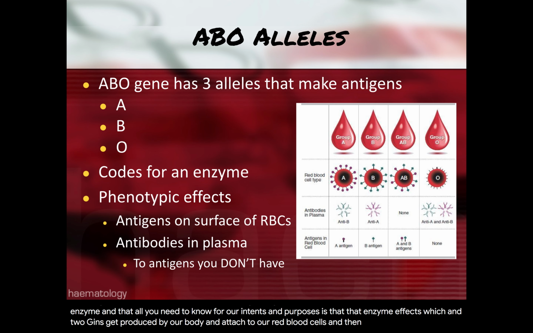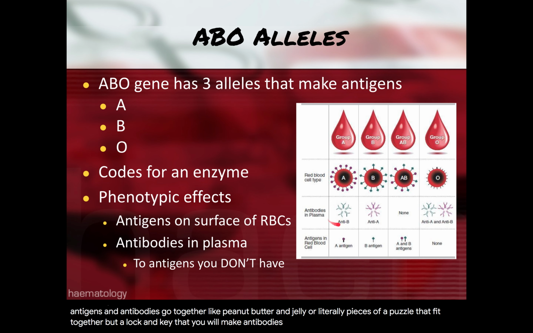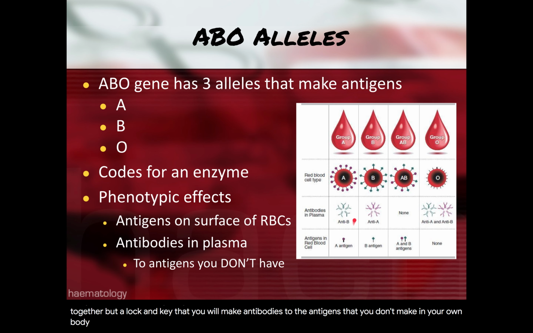And then, because we know that antigens and antibodies go together like peanut butter and jelly, or literally pieces of a puzzle that fit together, like a lock and key, you will make antibodies to the antigens that you don't make in your own body. So if you are making A antigens on your red blood cells, in your plasma there will be B antibodies.